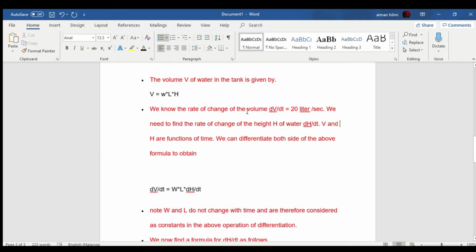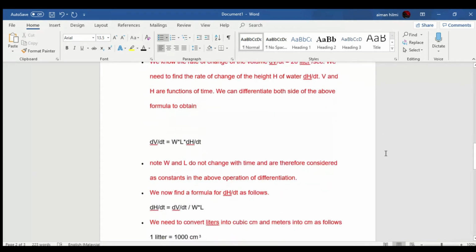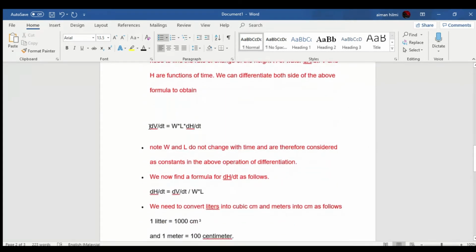So we need to find the rate of change of the height of water, which is dH over dt. So we can conclude that dV over dt equals width times length times dH over dt.